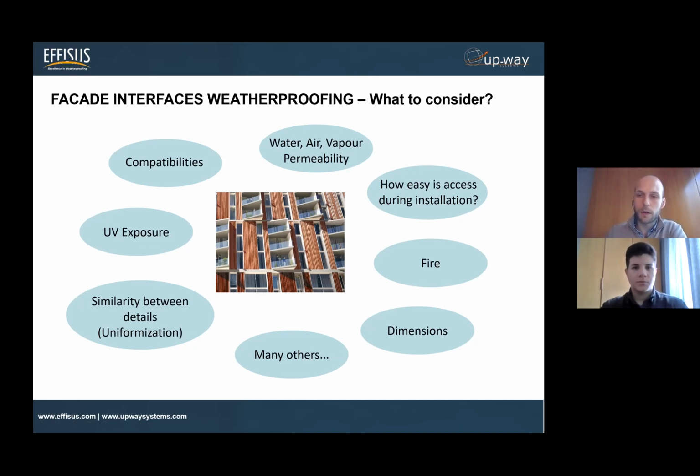When we are talking about interfaces, we usually are talking about putting a roll of standard membrane and a cartridge of glue in the hands of someone hanging on the facade, trying to do this kind of magic around the window, cutting and gluing and splicing and putting more glue on top of it.